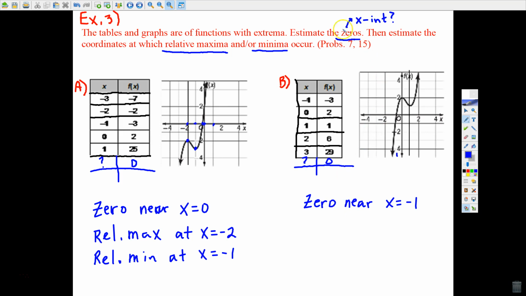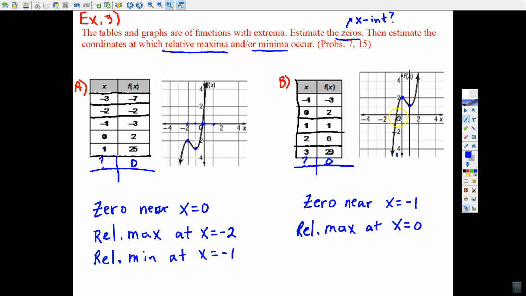All right, so we know where our zero estimate is. Now let's look at relative maxima. So really we have these two points to consider. There's that point and that one. Obviously this one's higher. So the way we're going to state our relative maximum in terms of just the x-coordinate, that would be at x equals 0.